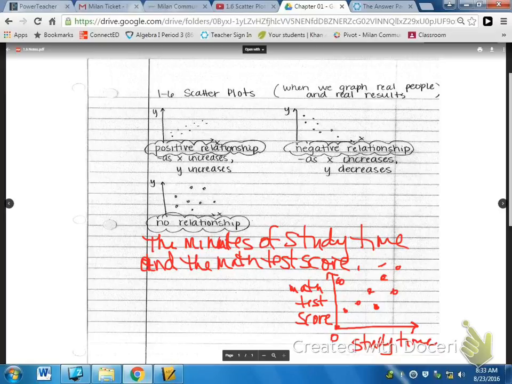But in general, if you go from 0 study time to a lot of study time, your math test score should go up. So the relationship between minutes of study time and math test score would be a positive relationship.